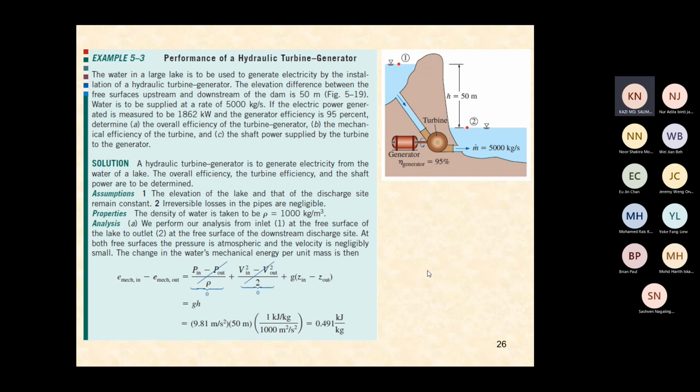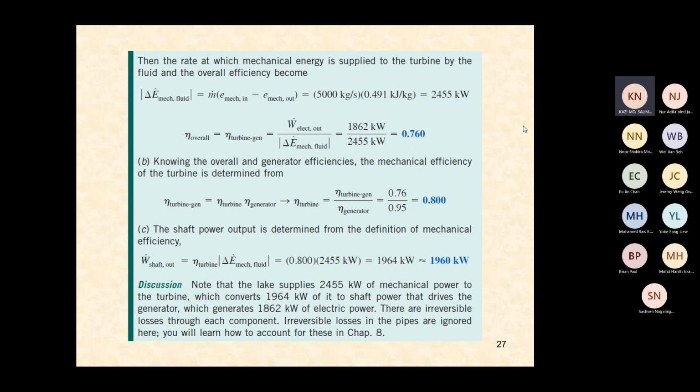Moving on, delta E mechanical fluid is equal to m into E mechanical in minus E mechanical out. So mechanical in minus mechanical out per unit mass is 0.491.